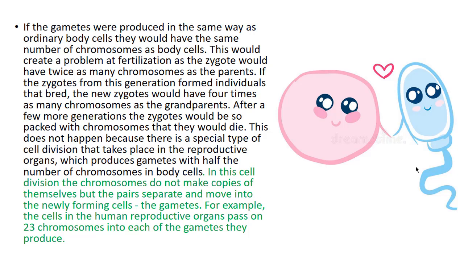In this division, the chromosomes do not make copies of themselves, but the pairs separate and move into the newly forming cells, the gametes, as we said before. For example, the cells in the human reproductive organs pass on 23 chromosomes into each of the gametes they produce. The father produces a cell which contains only 23 chromosomes.